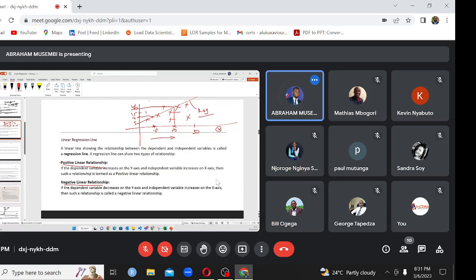So from this we can say that as the value of x increases, the value of y is also increasing. So we have a positive relationship.